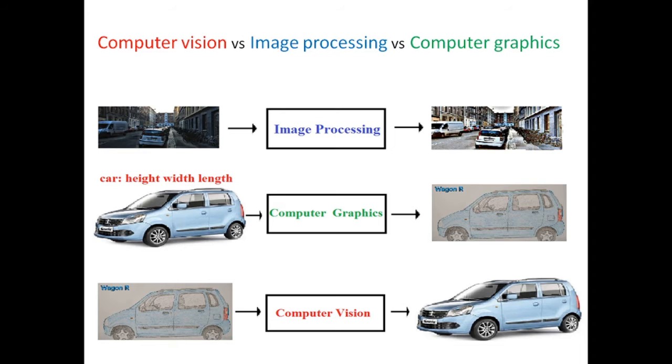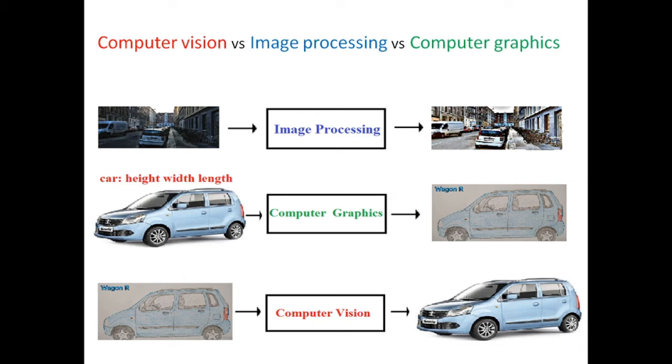You can see here I have depicted the differences of computer vision with image processing as well as with computer graphics. How are image processing and computer graphics different from computer vision? Generally, computer graphics represents a 3D scene as a 2D image.